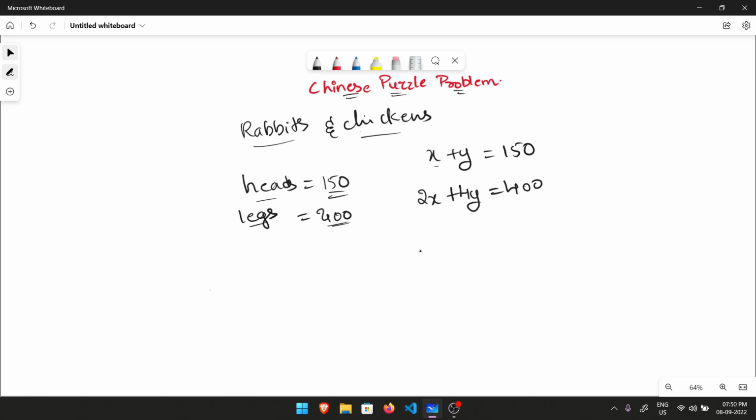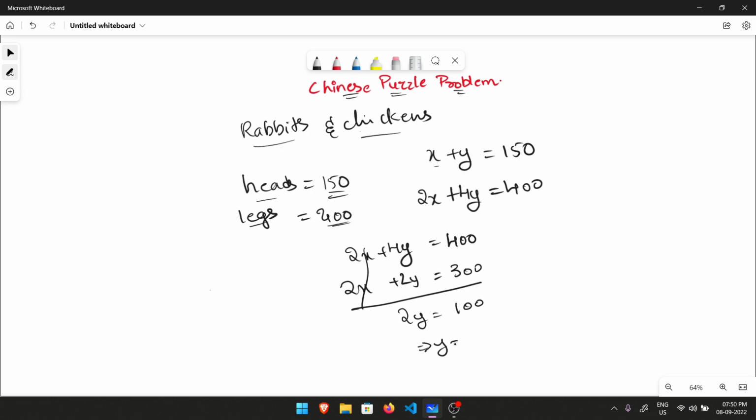If we try to solve this, I hope you know linear algebra: 4x plus 4y equals 400, and 2x plus 2y equals 300. If we cancel this, we get 2y equals 100, which implies y equals 50. As we have seen before, the number of rabbits is 50.